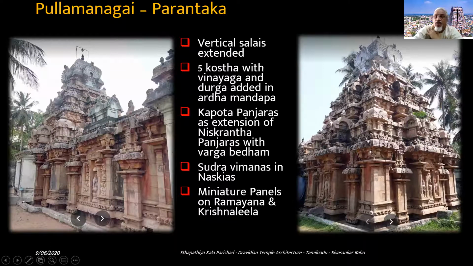And we see a lot of Kshudra Vimanas in the Nasikas, here and here. We see all small Vimana type structures in the Nasikas. And in the Patika, in the Adhisthana, we see two series, the Ramayana series coming from there, from that circular, and then Krishna on this side. Complete details, excellent miniatures.